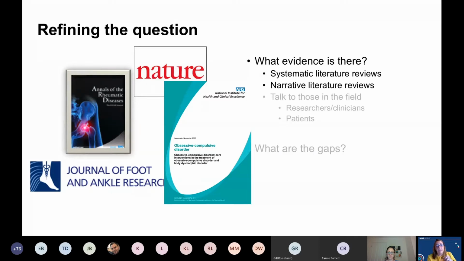And that can be clearly not just Nature, but less highbrow journals, and certainly things like NICE guidelines. So things that are not necessarily your gold standard literature can also help and provide you with lots of information. And clearly they need to be considered in light of the strength of the actual information and the research.